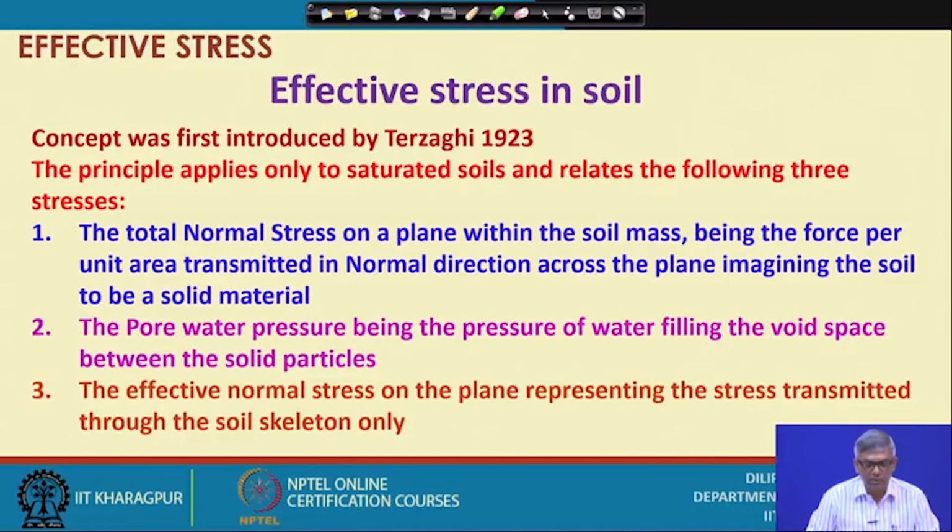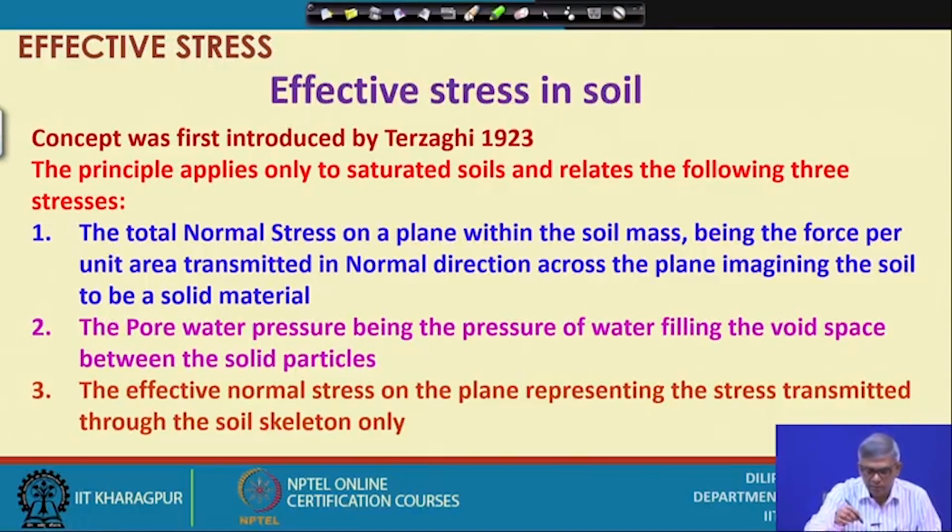When saturated, those void spaces will be filled up with water, and based on the water table location, we can find out the pore pressure, the hydrostatic pressure acting in the soil. Generally we use sigma for total stress.